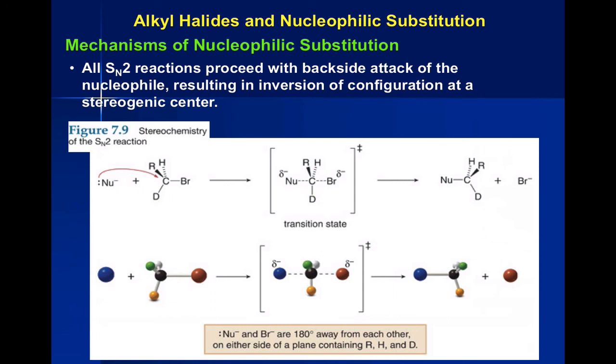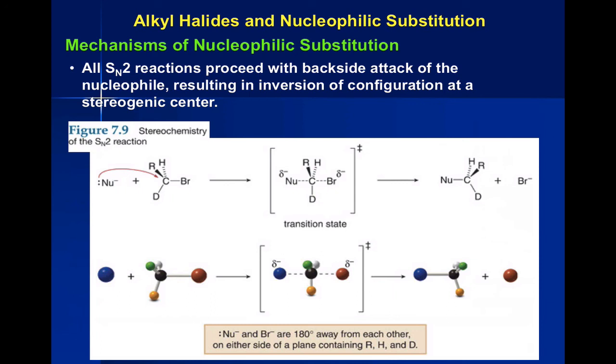Okay? So we start off with a chiral substrate. Notice this is an alkyl halide. It's got a bromine, it's got a hydrogen, it's got a deuterium, which is just heavy hydrogen, and it's got some carbon group. What's the stereochemistry, assuming that's a methyl group, with the hydrogen going away from me? Is it R or S? It is S. 1, 2, 3, right?